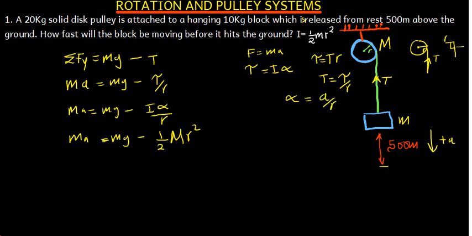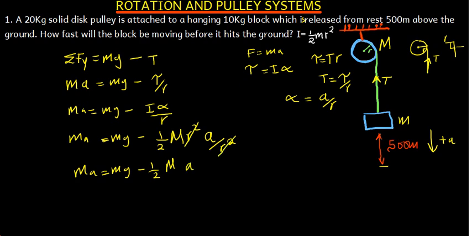So I'm going to substitute linear acceleration over radius, but there is also another radius in the denominator there, so this will just be radius squared. And from here we'll see that ma is going to be equal to mg minus 1 over 2 M. The r, of course, will cancel out with the r here, and then there will be a here.